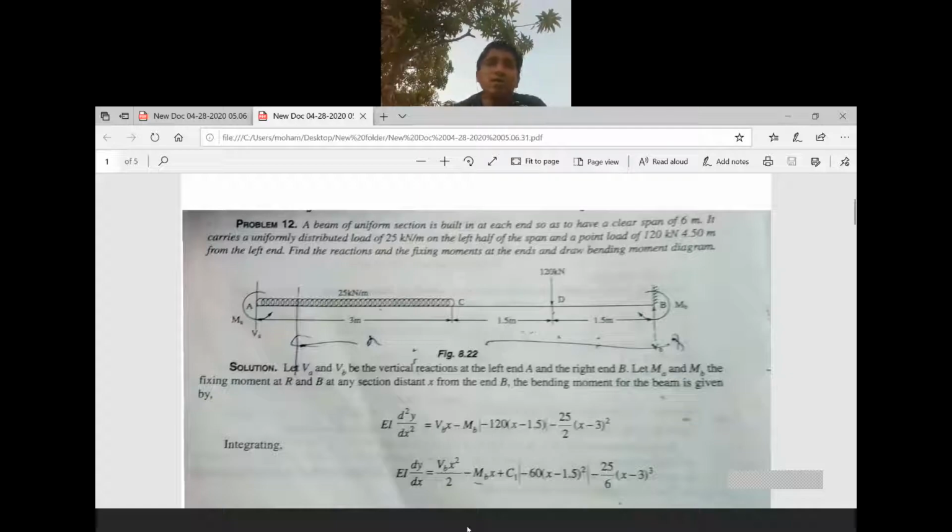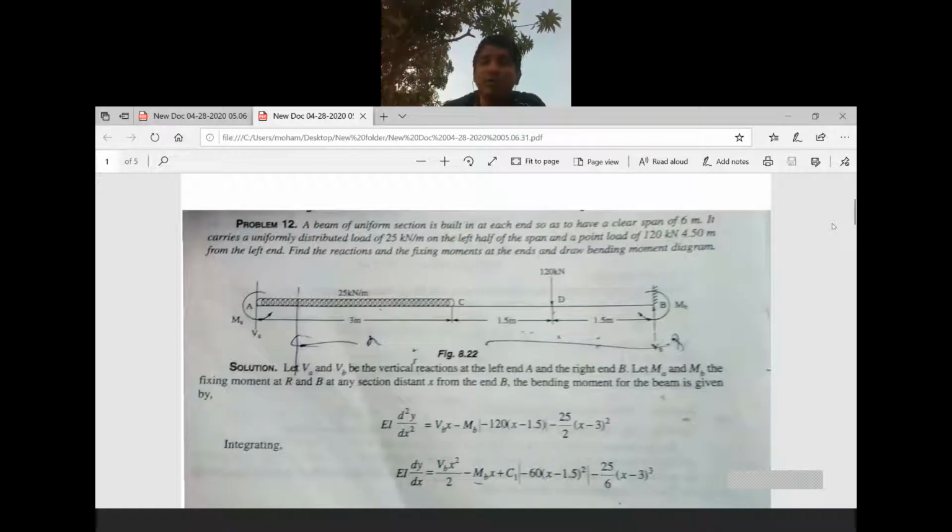Here you are going for a different procedure. You are considering the deflection equation, and using the deflection equation we are going to solve the problem.